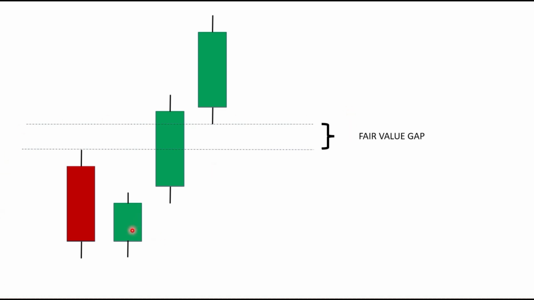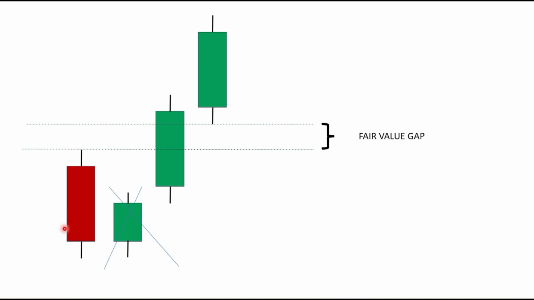So imagine that you have this candle, but before that candle I have a mother candle, and that candle is bearish. As you can see, we have three bullish candles in a row, but the catch is this will be the fair value gap, this. And this candle, as you can see, we will not use. Why? Because this mother candle is higher in price than this child candle.